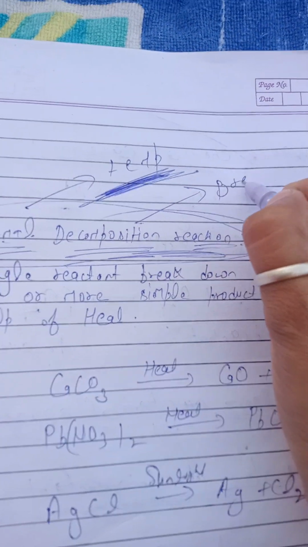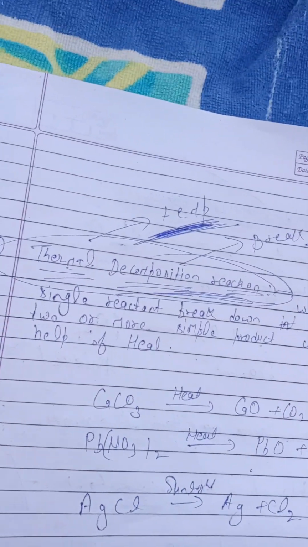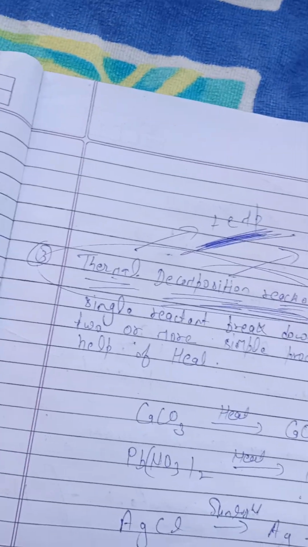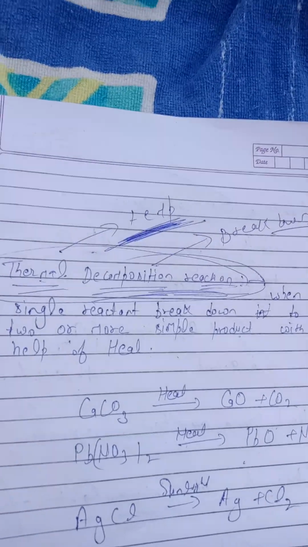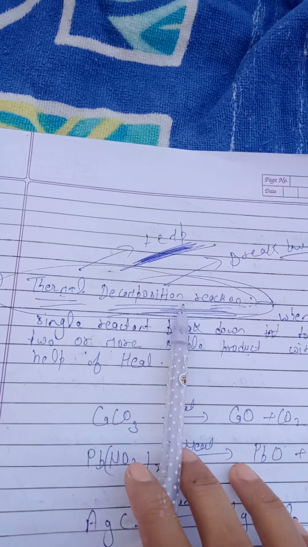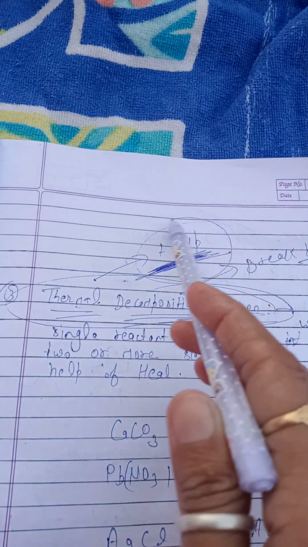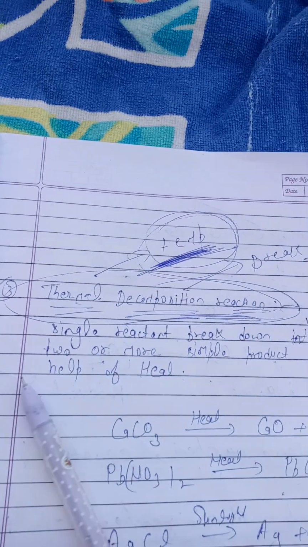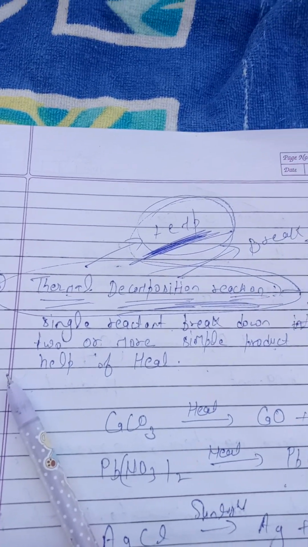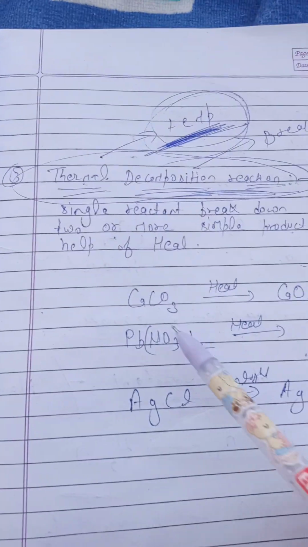Decomposition means breakdown. When a single reactant is converted into two or more products with the help of temperature, it is called the thermal decomposition reaction. So this is the example.